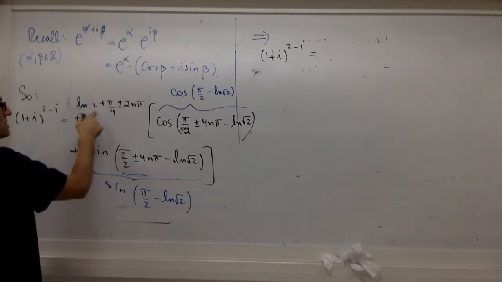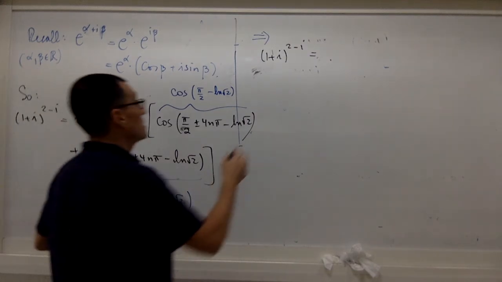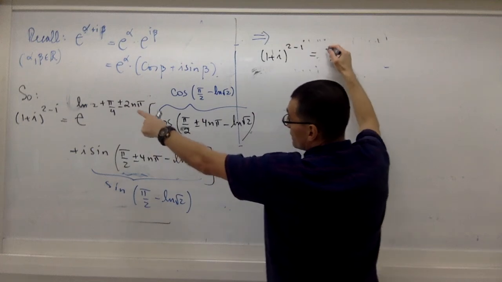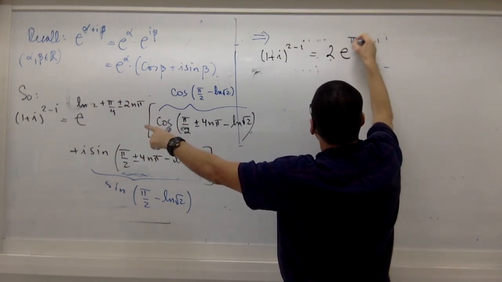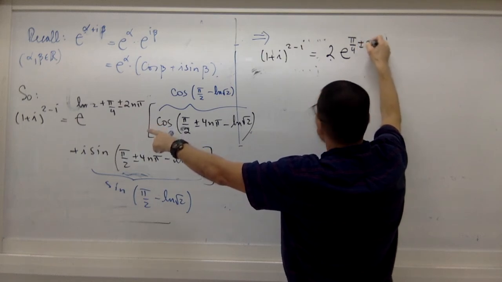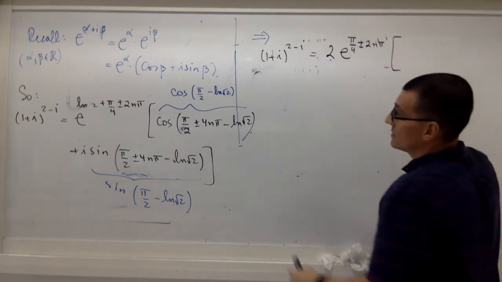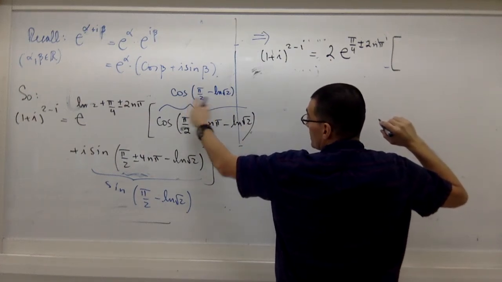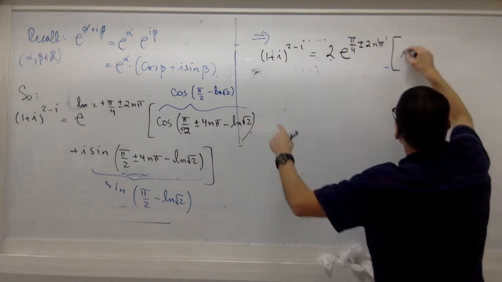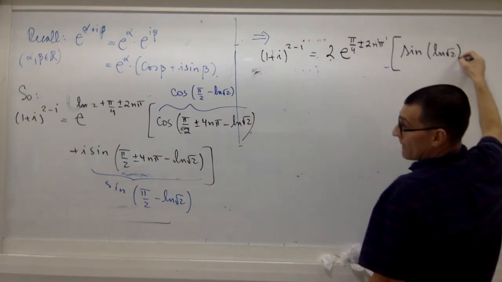Sorry, it wasn't the square root of 2. It was 2. So you're going to get here the exponential of ln of 2. That's 2. Then the exponential of pi over 4 plus or minus 2 pi. And then inside the bracket you get, like I said before, the cos of pi over 2 is 0. So you get sine of pi over 2, which is 1, times sine of ln of square root of 2.